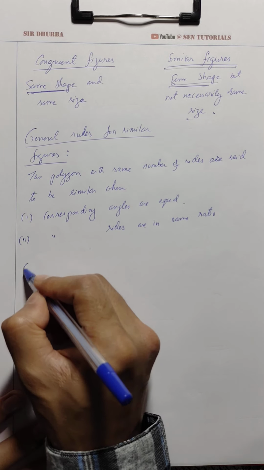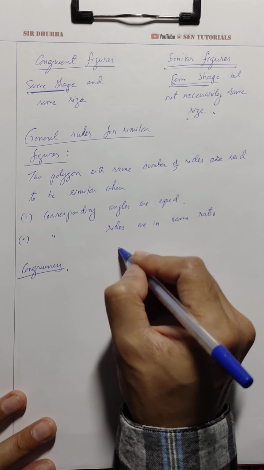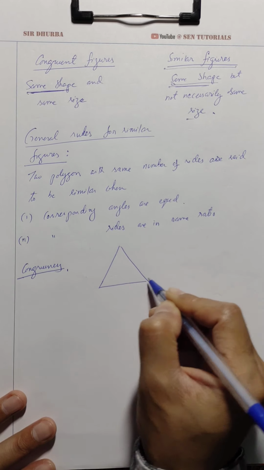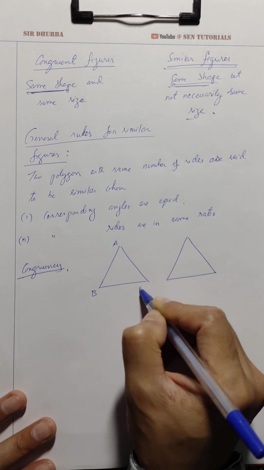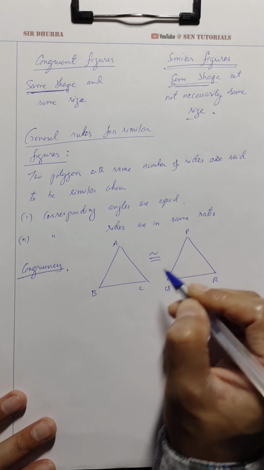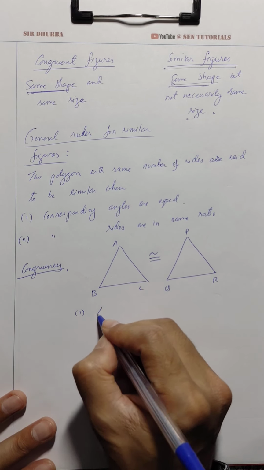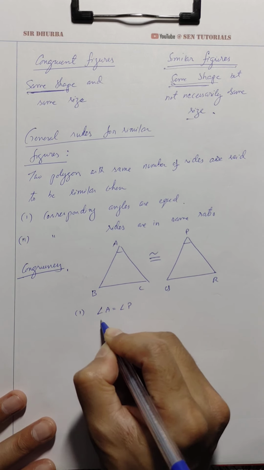Let me go back to congruency. If we had two triangles, let's say two triangles ABC, PQR. If they were congruent, then the condition was they can be congruent only when the corresponding sides are equal.